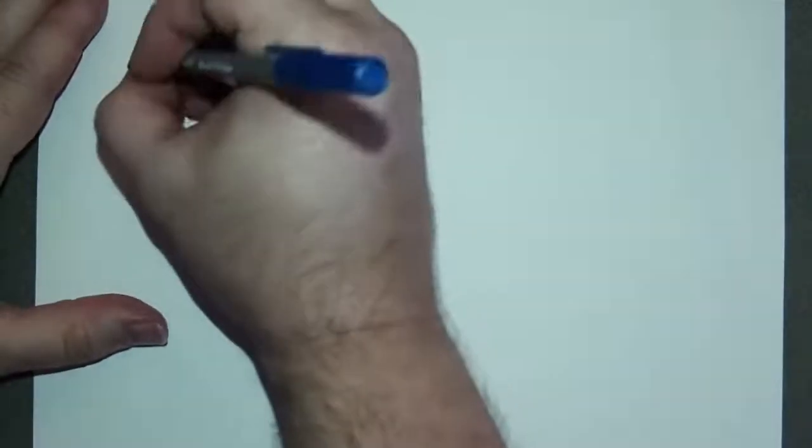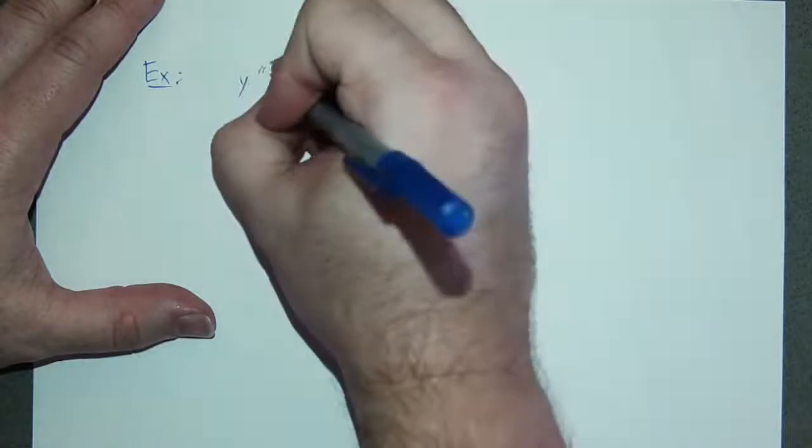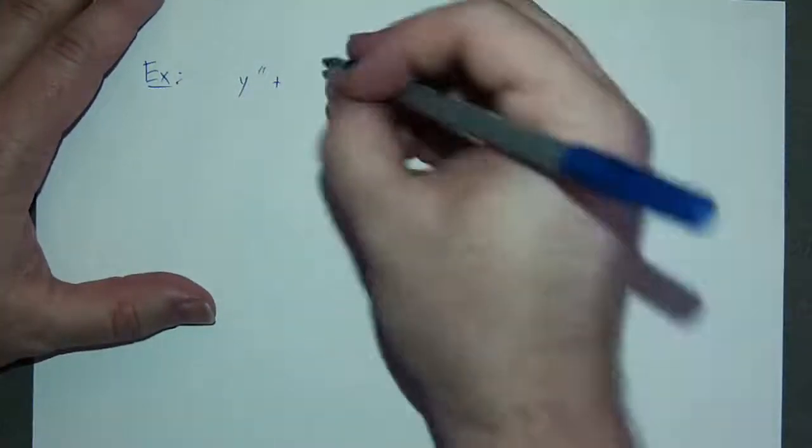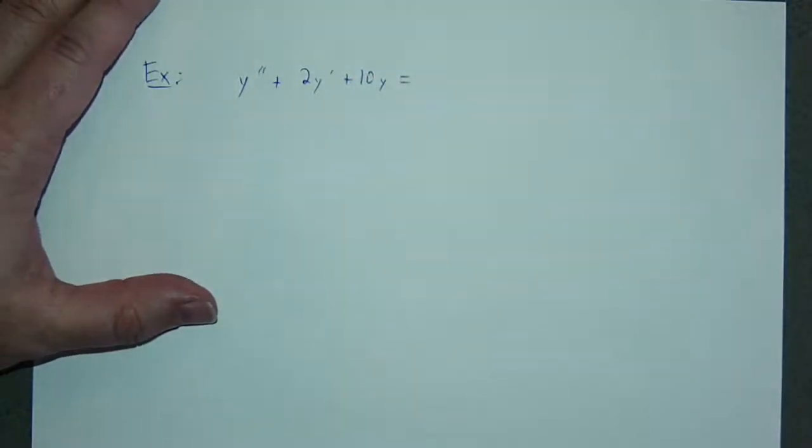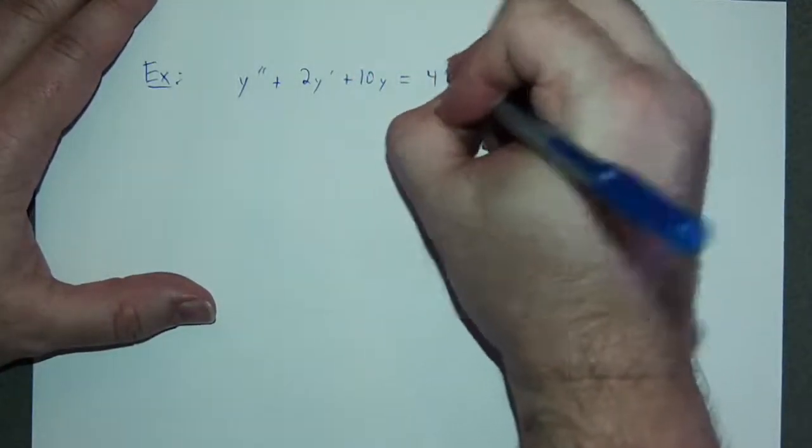I think we did one of these before, so that you can see how this works. Yeah, let's do this one. Let's do y double prime plus 2y prime plus 10y is equal to 4t e to the 2t.